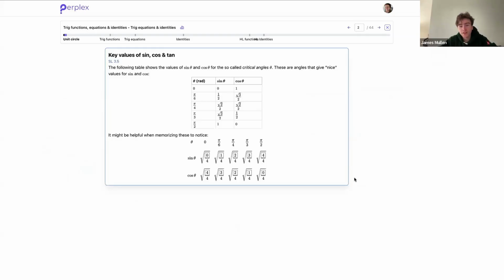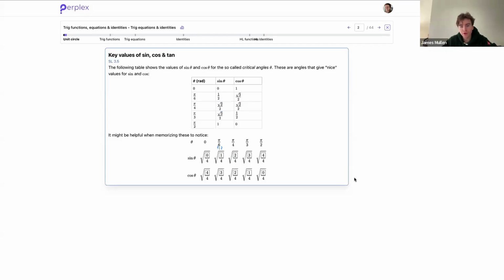Now, when it comes to trying to memorize trig values, because I know a lot of students struggle to keep these in mind, because you have 1 over 2, √2 over 2, √3 over 2, I like to think about each of the values as the square root of, for the first one, 0 over 4, and that would give me 0. Then the square root of 1 over 4, which is the same as 1 over 2. The square root of 2 over 4, which gives me √2 over 2.